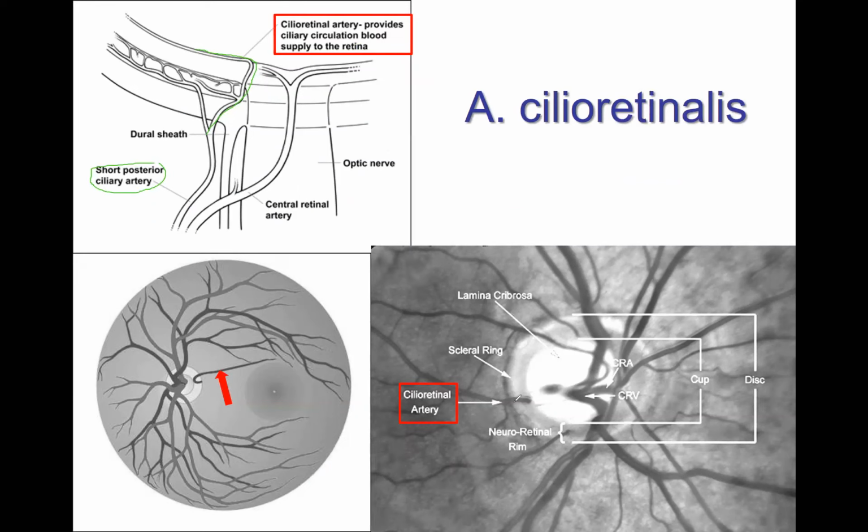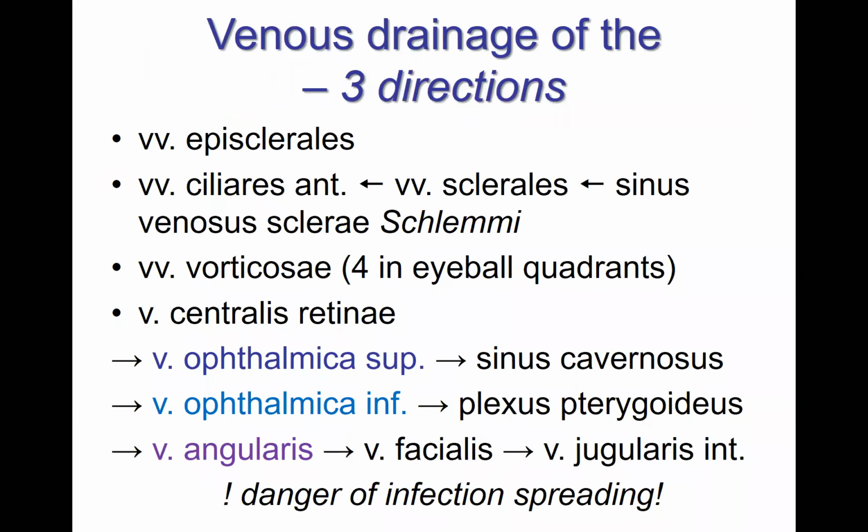Yeah, so we can see it here as it enters the optic disc, but separately from central retinal artery, and it then continues to supply the macula. As you can see here, it continues to supply the macula and can spare the central vision in closure of the central retinal artery. Yes, so that's cilioretinal artery. Please remember that, even it's a variation.